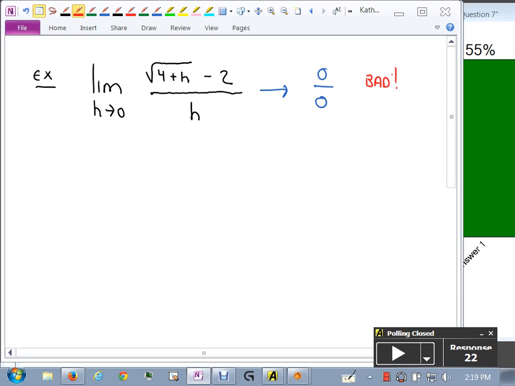Oh, the conjugate of the top. Why would you do that? So you want me to multiply the top and the bottom, I'm assuming, by the conjugate of the top? Why? Are you crazy or what?